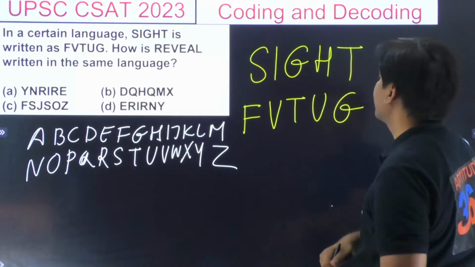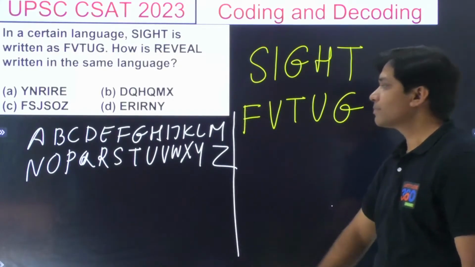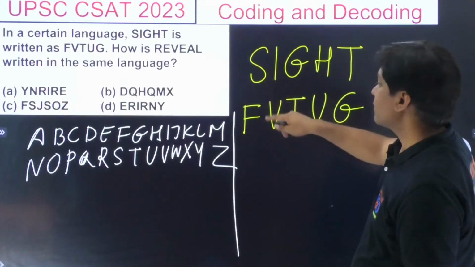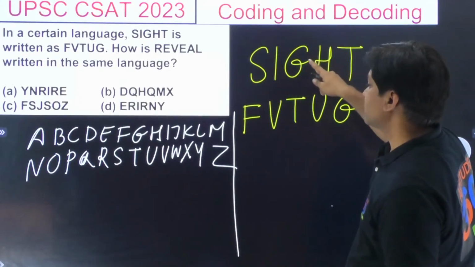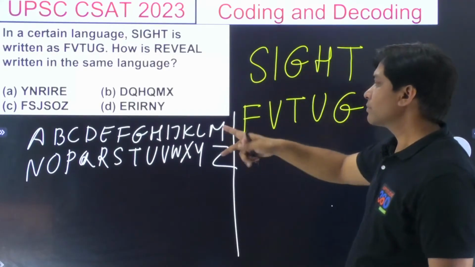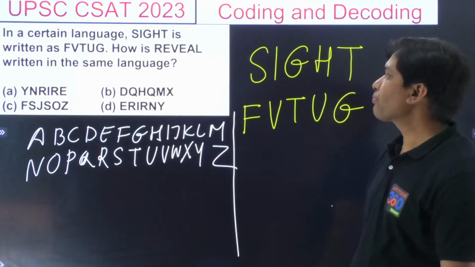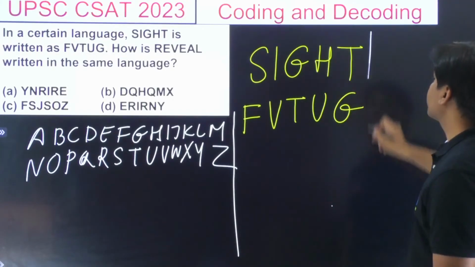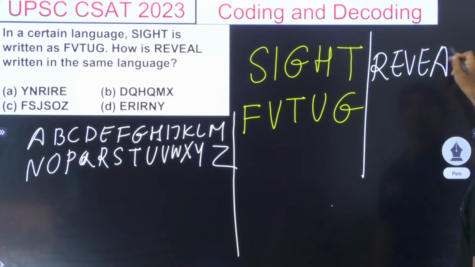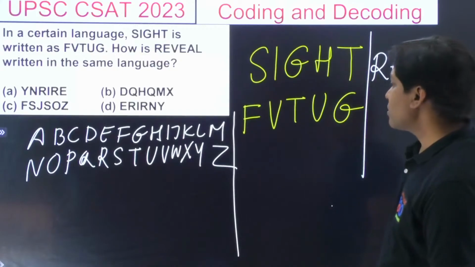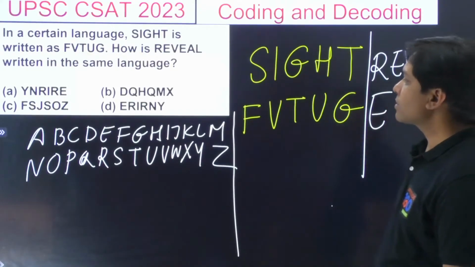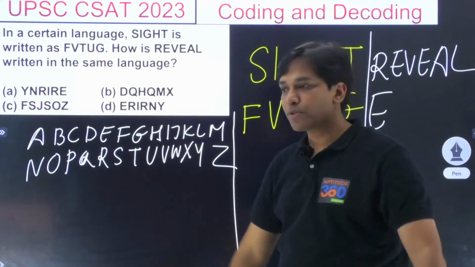Yes. How is R going to become E? This is the first option. This is the only option.